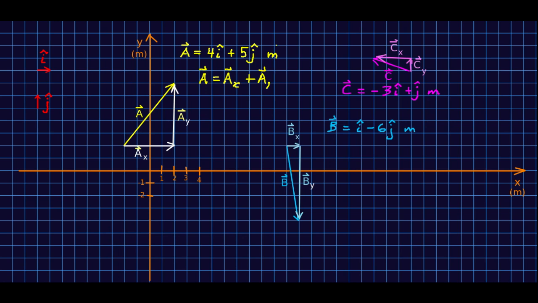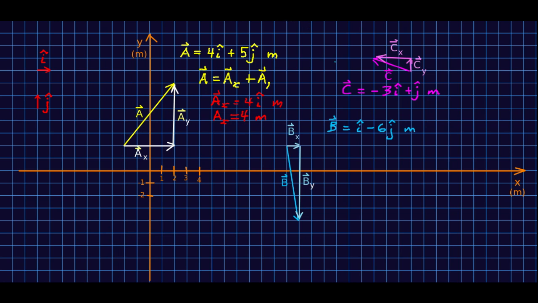And you can see, just looking at it, that A vector x is just 4 i hat. But what we mean when we say ax is not the component vector, but the component, the thing that multiplies the i hat, which in this case is 4 meters.